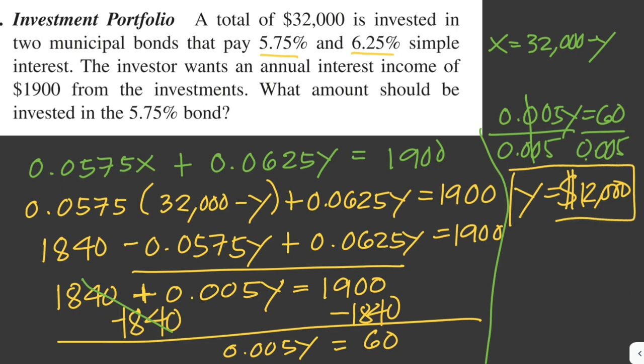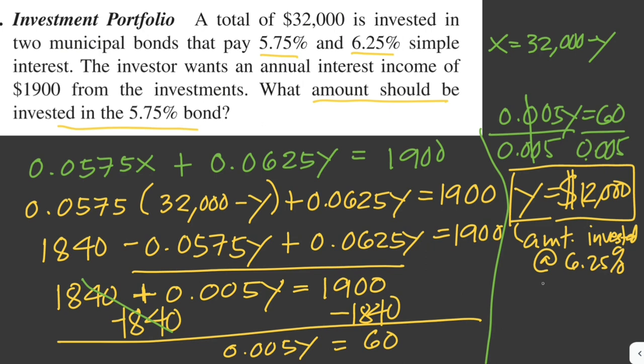So that would be the amount. y is the amount invested at 6.25%. But we are asked to solve for the amount invested at the 5.75% bond.